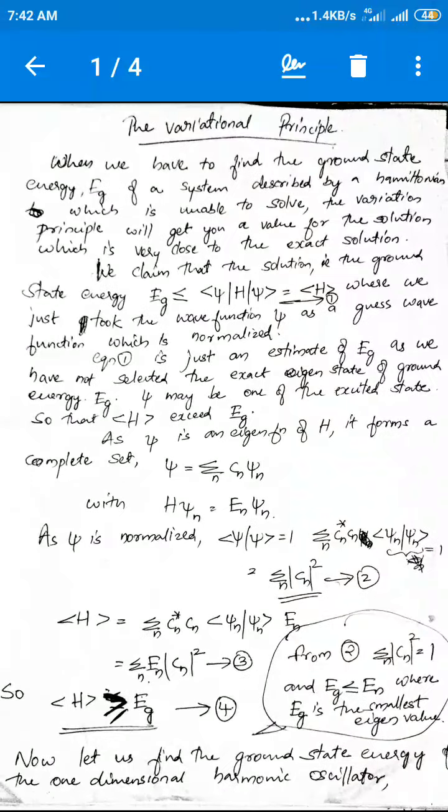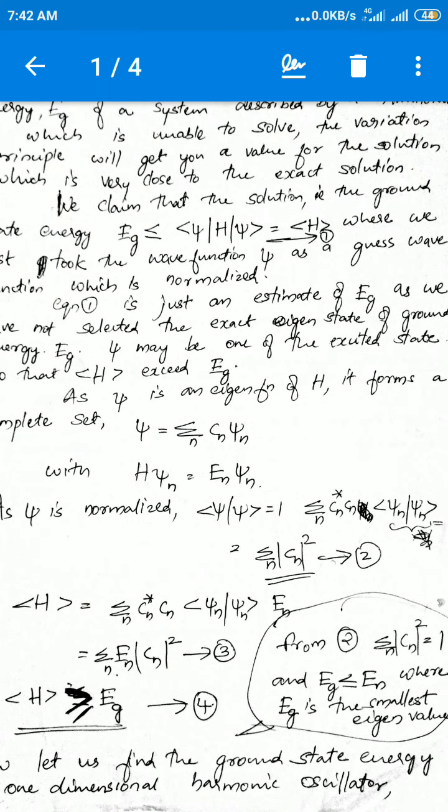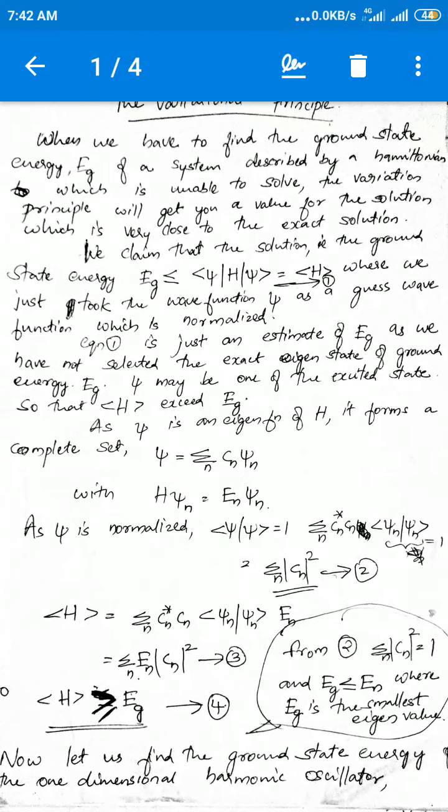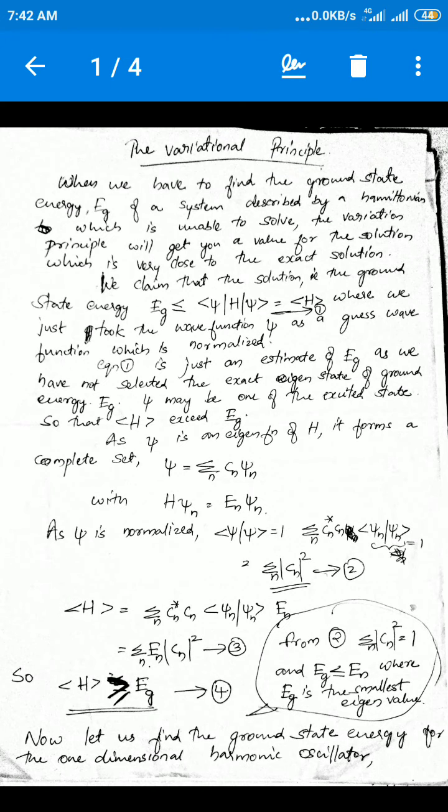So En can be equal to Eg when n is equal to 1, or it can be greater than Eg. So we can always write the H expectation value is equal to or greater than Eg. Equation number 4. Okay. And Eg is the smallest eigenvalue.